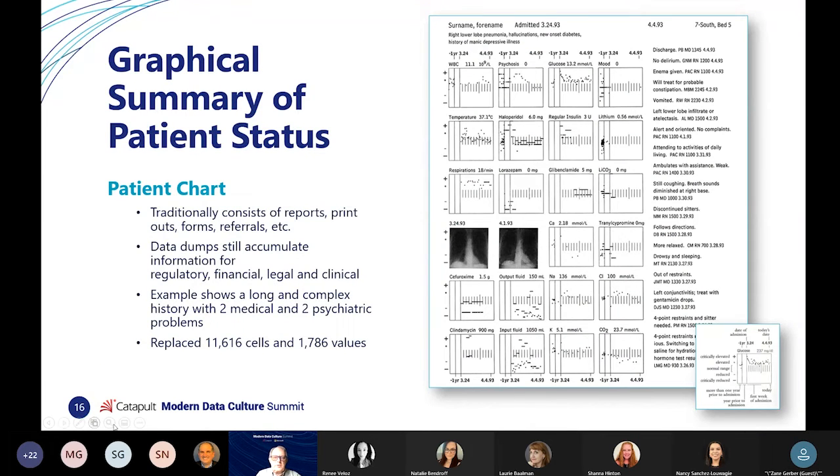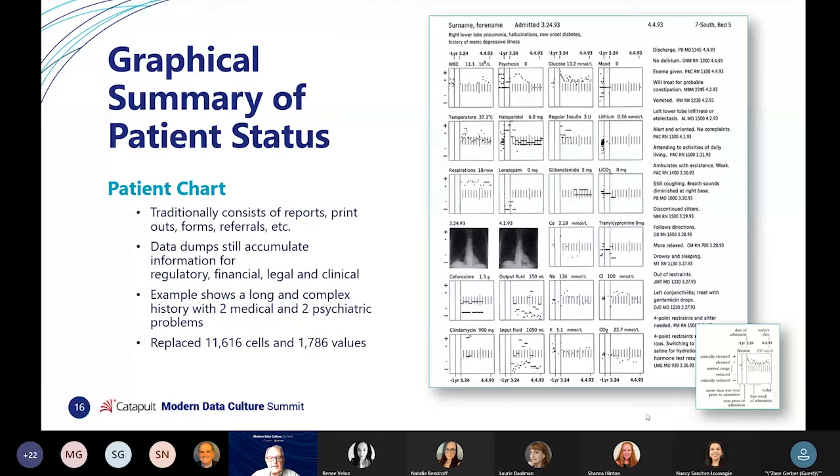Back in, I believe, the 90s, this graph was presented to the Lancet as a new way to display a graphical summary of patient data.